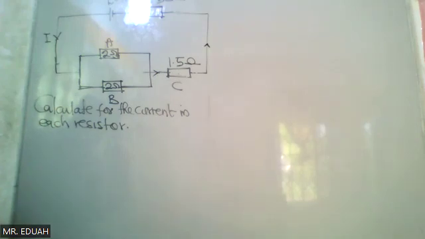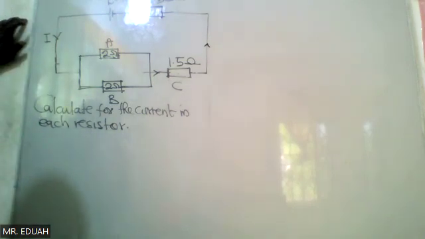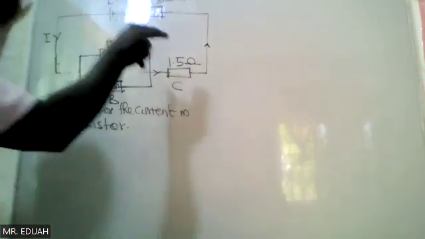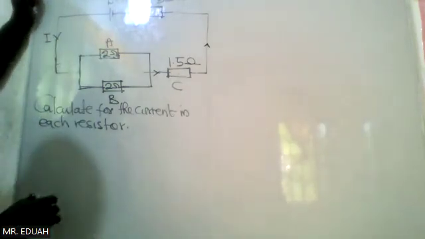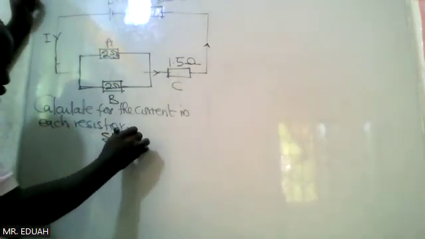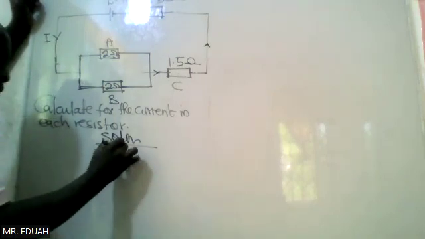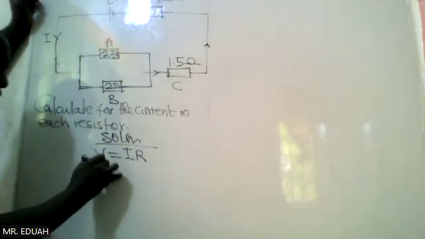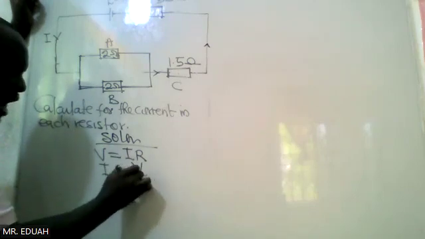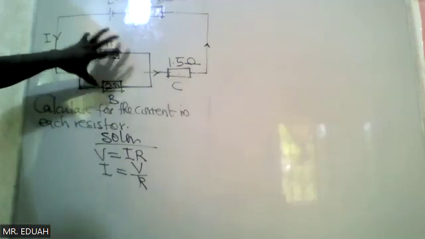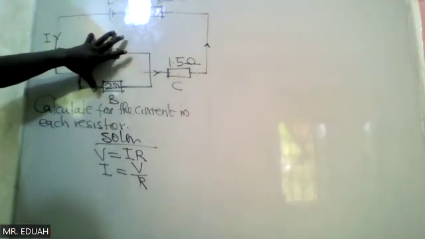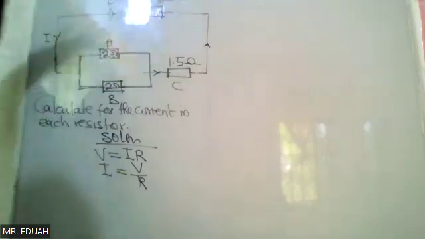First, to calculate for current, we will need the potential difference across them, because we will use Ohm's law, and from Ohm's law, V is equal to IR. Therefore, I will be equal to V over R. So to find the current, we need the voltage drop across these in parallel, this one, and this one.